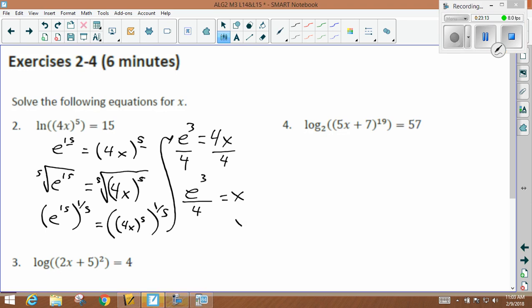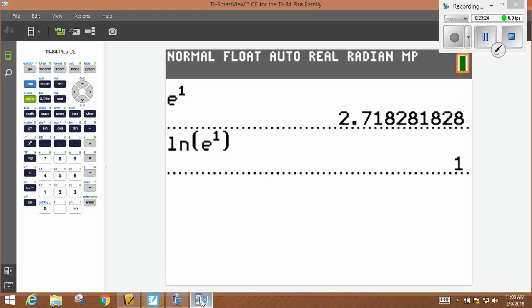What is this number? It's going to be an approximation because remember e goes on forever and ever. It's like pi, right? You can't find an end to it. So when I put this in my calculator, I will definitely get an approximation. So I'll use my e key, which is the 2nd ln, and it's to the 3rd power, right?